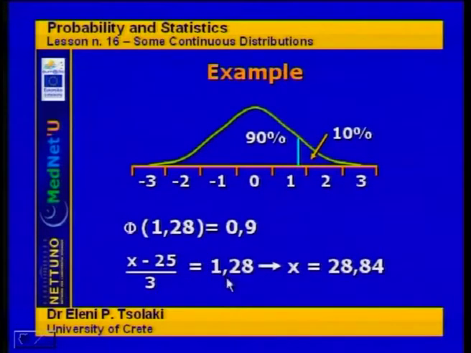It should be equal to 1.28. From here, doing the calculations, we can see that the point of our random variable which corresponds to the probability we wanted to calculate is the point 28.84.